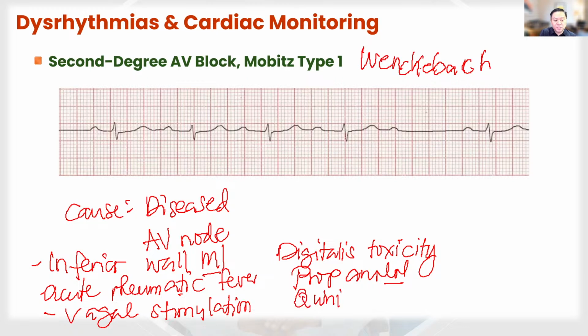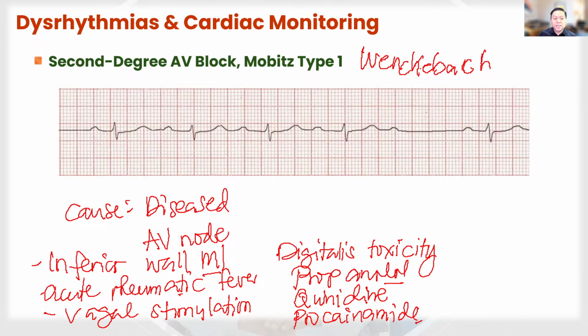So these are known medications that will slow down the heart rate of the patient. So again, we got digitalis toxicity, propranolol, quinidine, procainamide. These are the common causes of the second-degree heart block type 1.